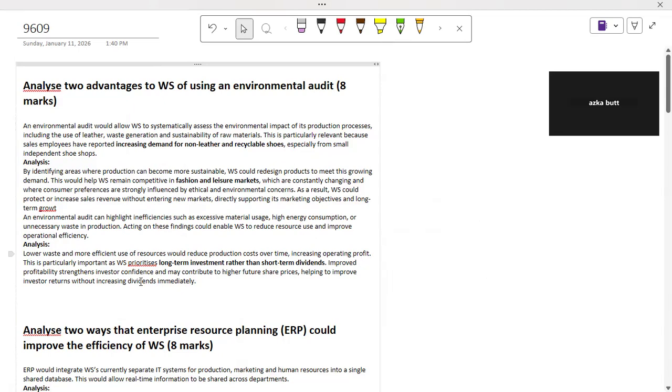And this is particularly important as WS prioritizes long-term investment rather than short-term dividends. And improved profitability strengthens investors' confidence and may contribute to a higher future share price, helping to improve investors' returns without increasing the dividends immediately. So if you read the case study, you will feel what their main objectives are.